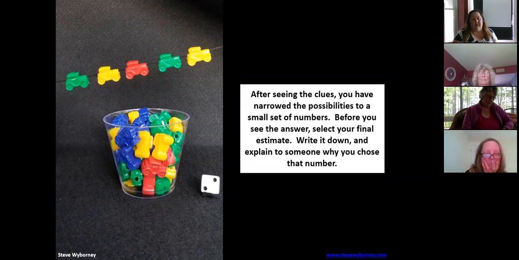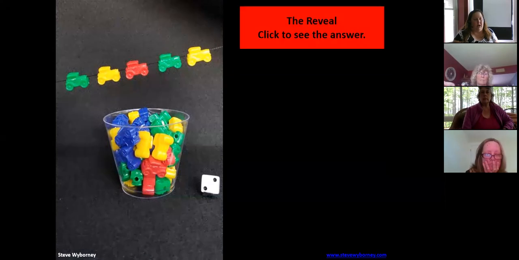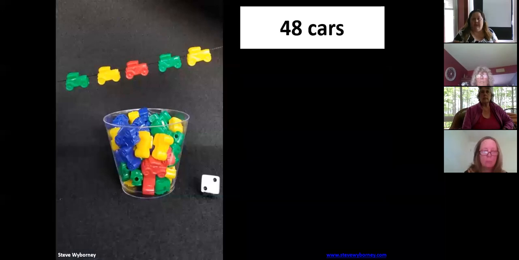We're going to think about the numbers that are left, and which one would be the best estimate. And I think all your estimates are good estimates, but the answer is 48. So there are multiple answers that could be true of all those clues. However, some might be closer to the actual estimate than others.